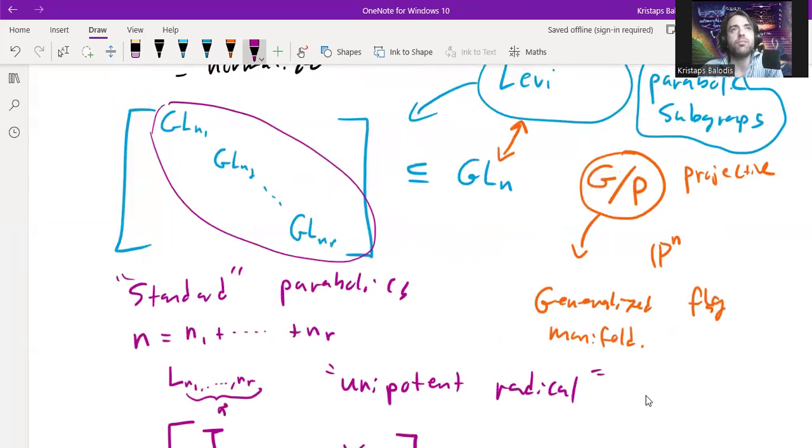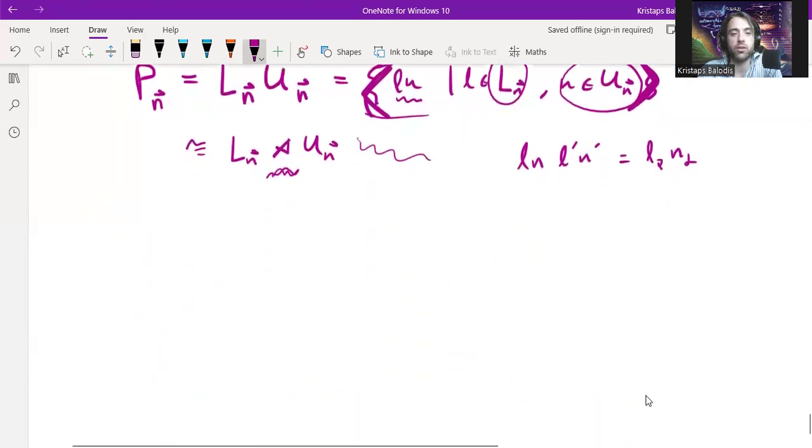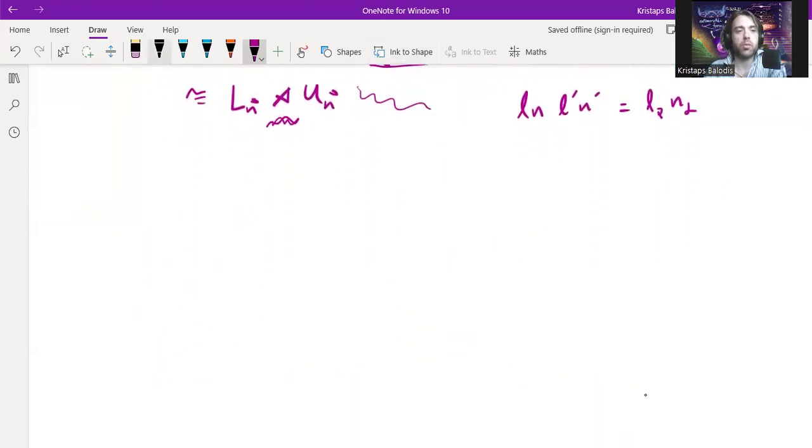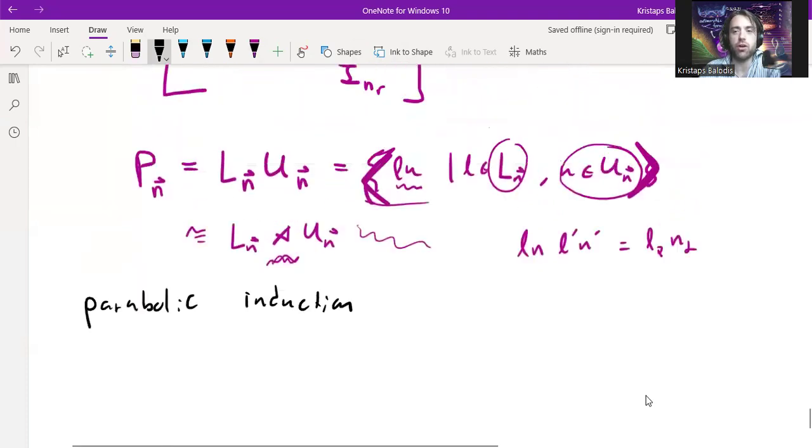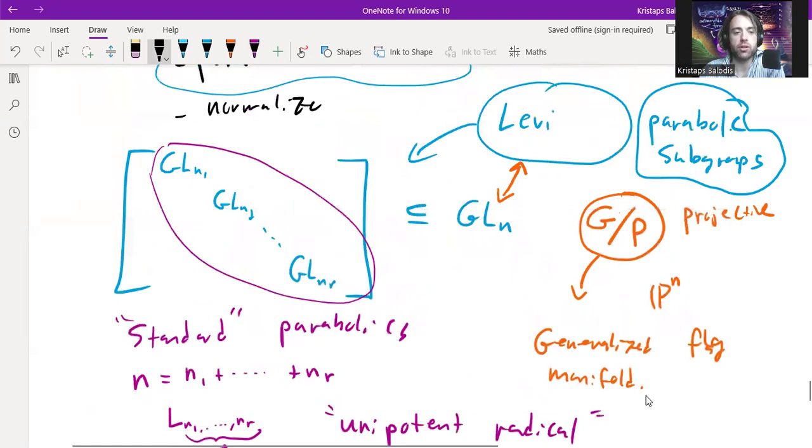And we're going to do something a little bit silly first. So parabolic induction, maybe seemingly silly, because remember, we want to take ourselves from representations of the Levi subgroup, because those are GL_n for smaller copies of GL_n, and get up to our larger GL_n.